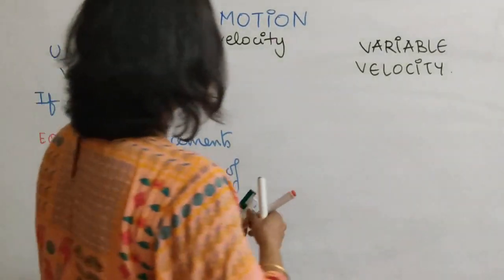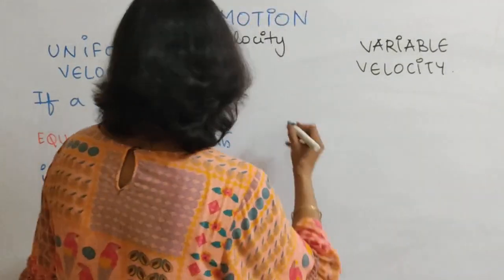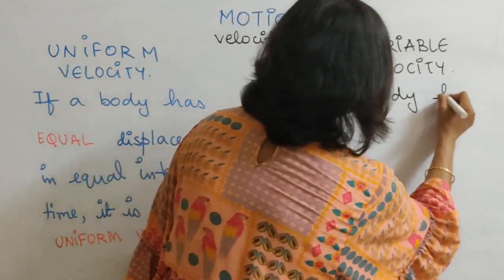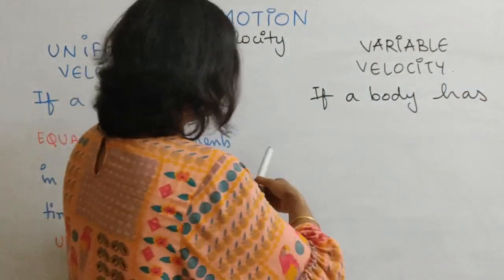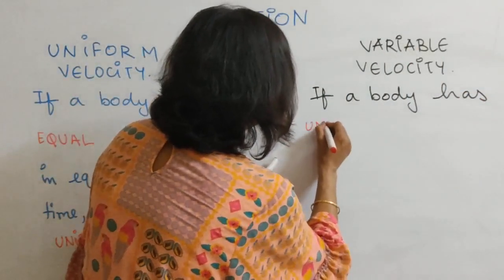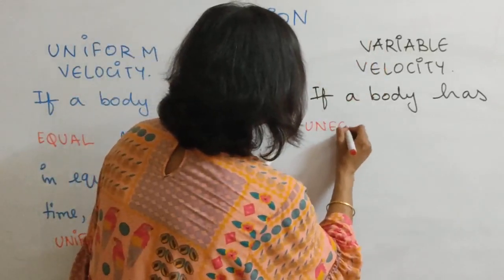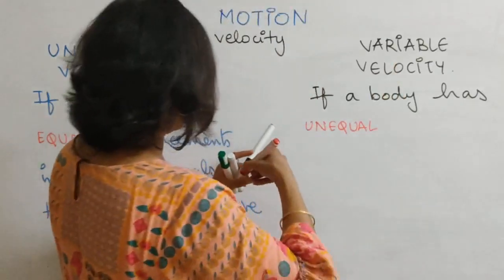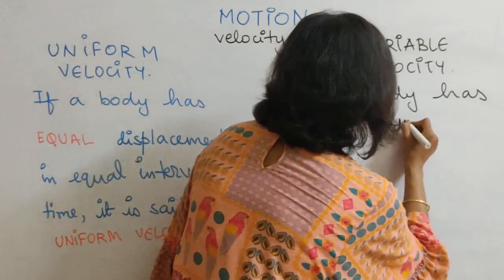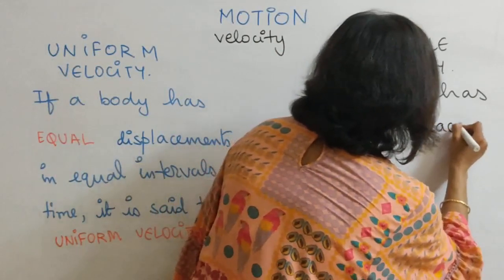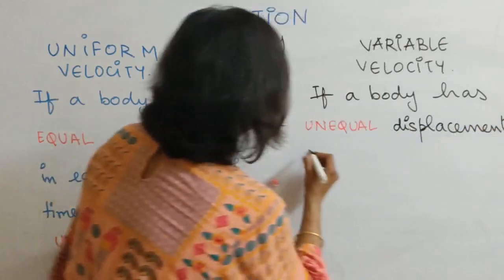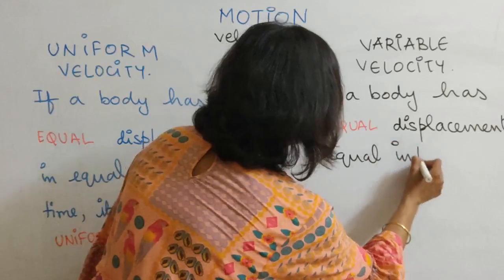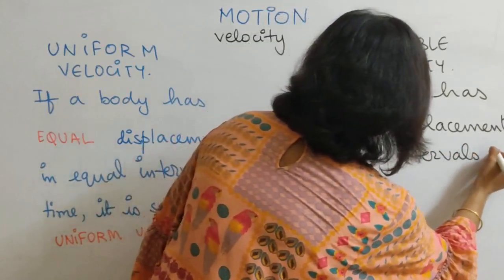So let us say, if a body has unequal displacements, mind you, variable, unequal. Variable means changing, unequal displacements in equal intervals of time.